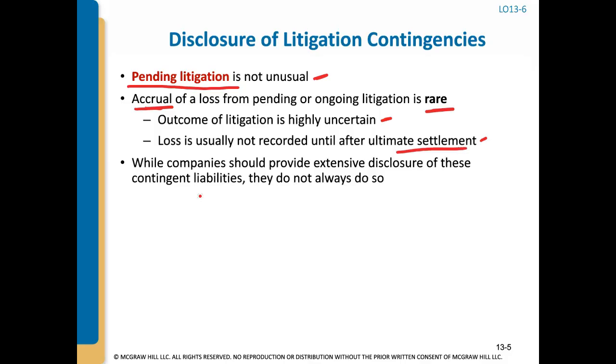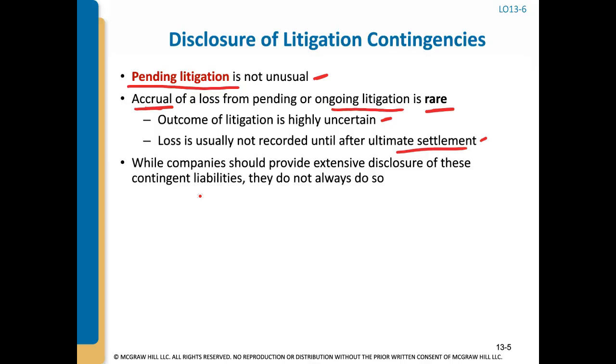Imagine if companies did record a liability from an ongoing litigation: the plaintiff would look at the company's financial statements and use it as ammunition against the company, because they're kind of admitting they did something wrong by accruing a liability for it. So typically companies do not accrue pending litigation.